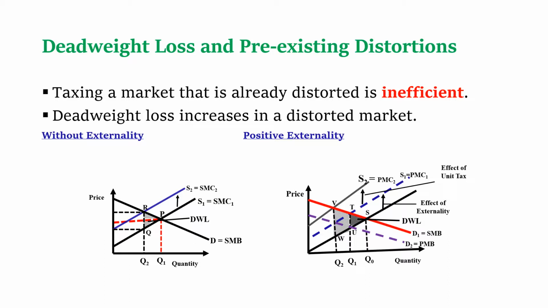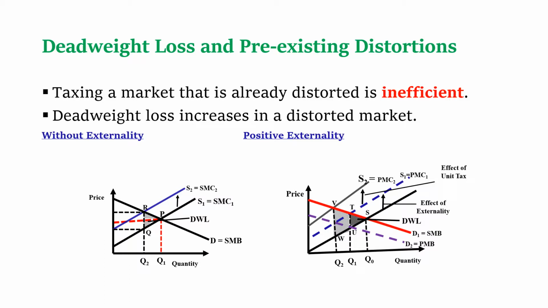As you can see here, without the externality, the deadweight loss is smaller, a smaller triangle RPQ, right? Now, what happens because of the externality? Originally the deadweight loss was STQ, but when there is this externality, the supply curve moves to this region. So you see that the Harberger triangle, the deadweight loss triangle, has increased to SBW.